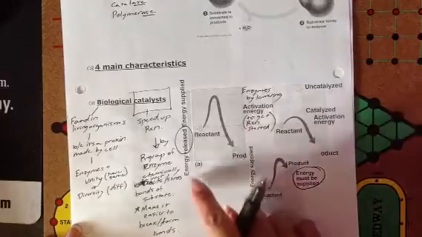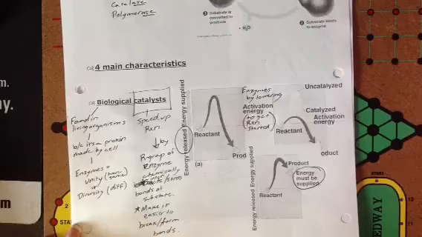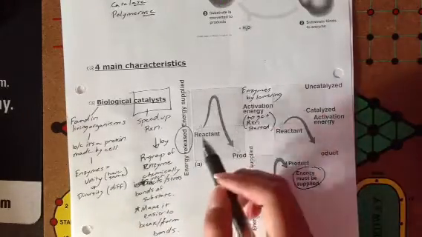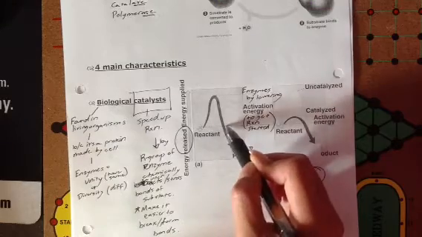So if you look in this first graph here, this says the energy released or the energy supplied. When you're looking here, this is the amount of energy, and if you look at the dotted lines, this is the amount of energy it normally takes for a reaction to occur.